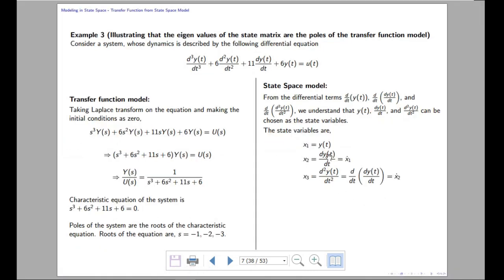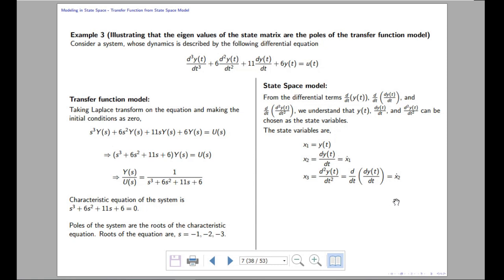So I have defined all the state variables here. This is how you should define the state variables if you are given a differential equation or a set of differential equations. Just look at which are the terms that vary with respect to time, and those variables you can take as the state variables.